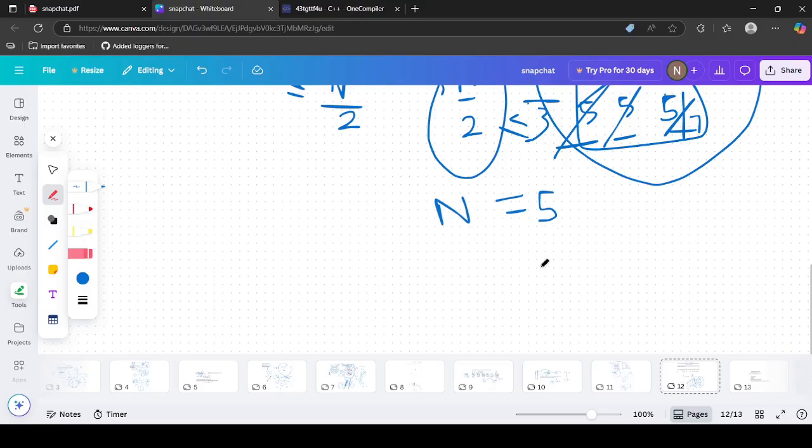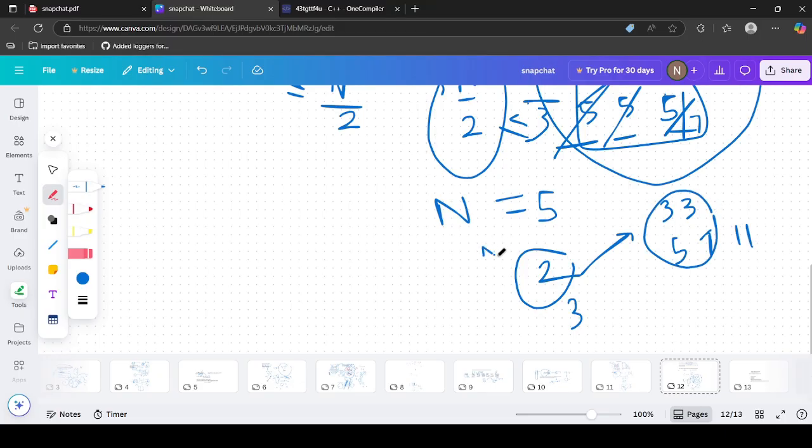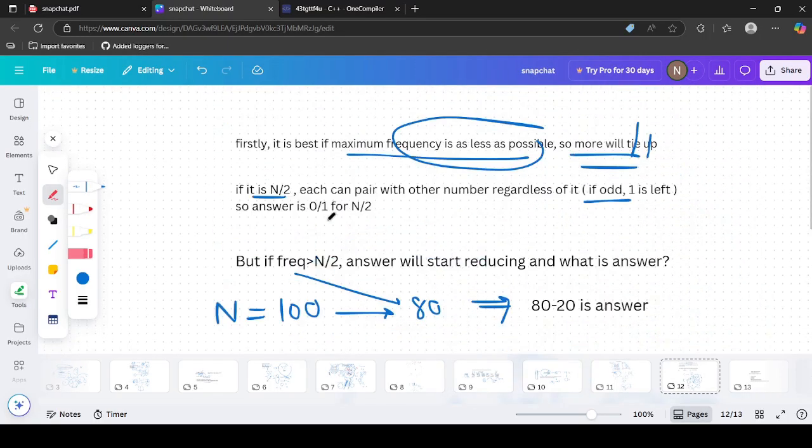If the highest frequency is 2, what does it mean? 3, 3 and 5, 7, 11. And now what will be the answer? It will be 2, which is n by 2. Because for 5 the answer is 2, so it means n by 2. But we are wasting 1. So indirectly it is n by 2 only.